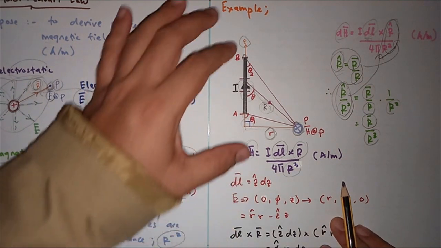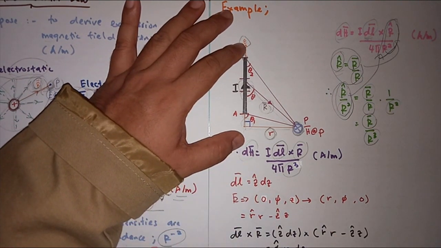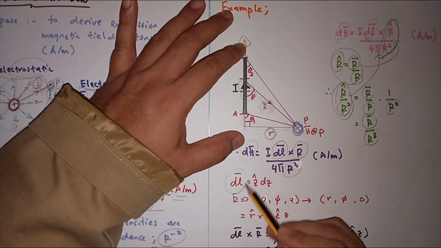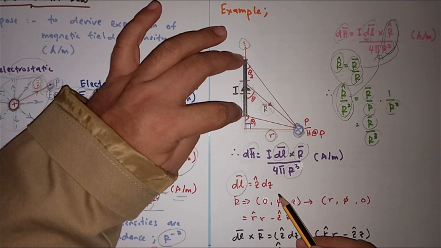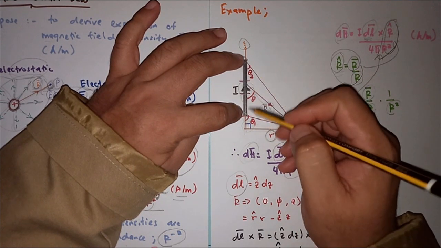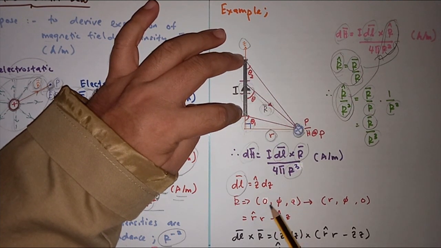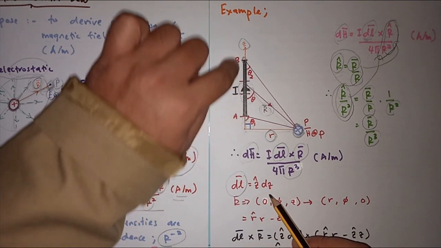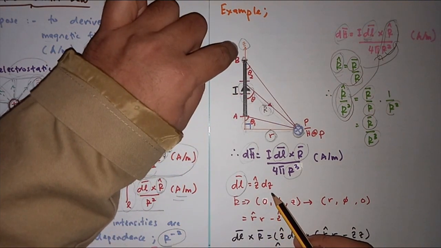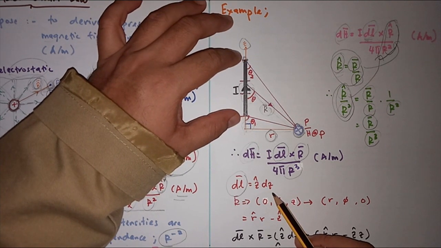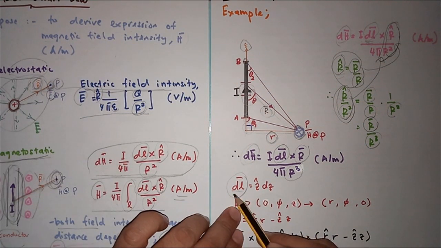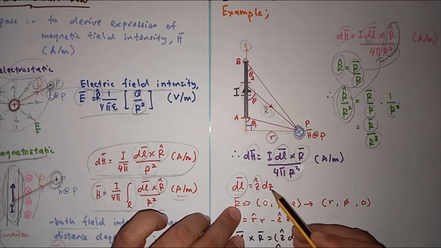Referring to this figure, our vector dl represents the direction and length of the conductor where the current is flowing. In this case the current flows in the z direction, and the variation of the length is given by dz. That's why our vector here will be represented by z cap times dz.